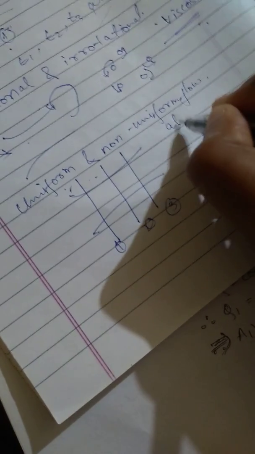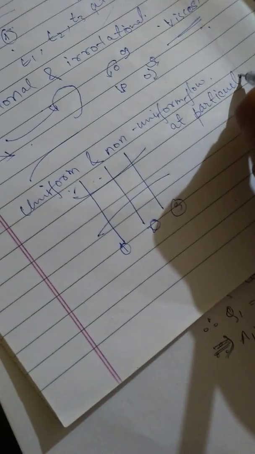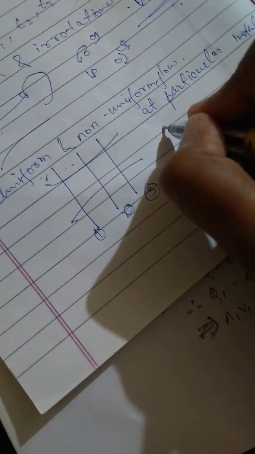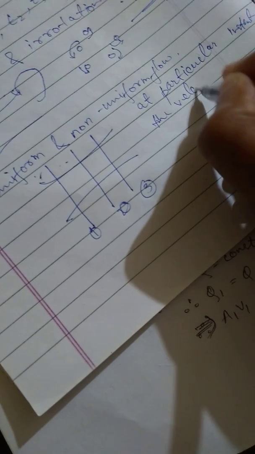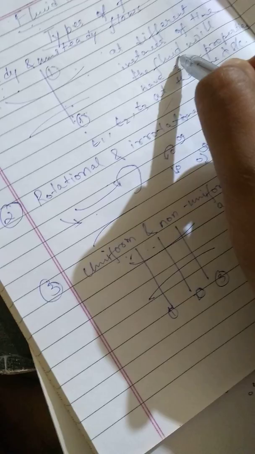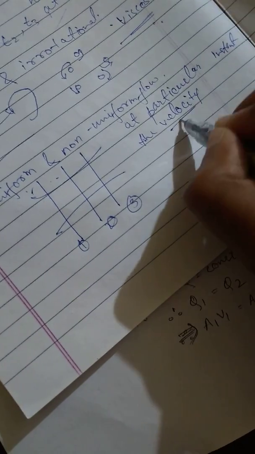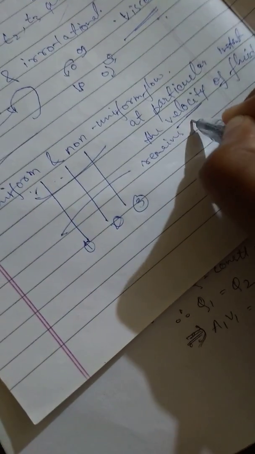So at a particular instant, just note, here we had all the properties, but here only the velocity of the fluid remains the same at every cross section.